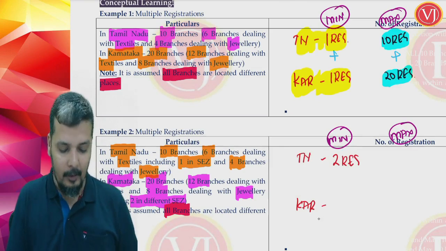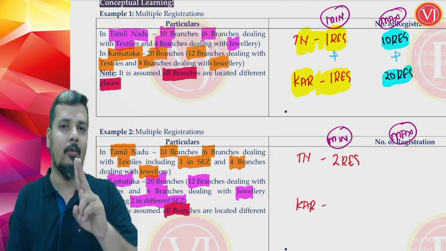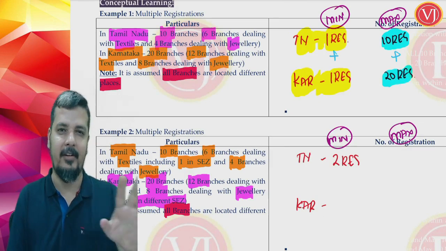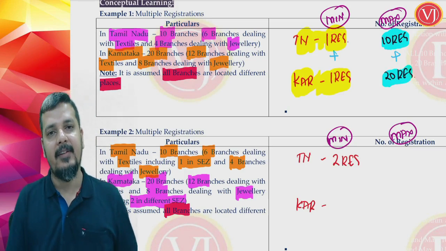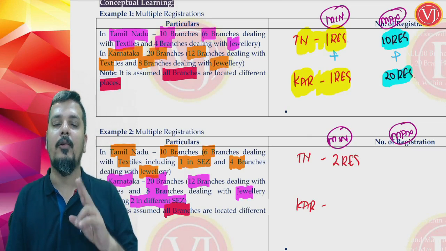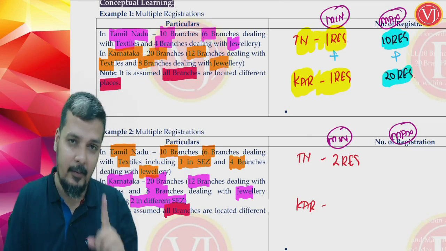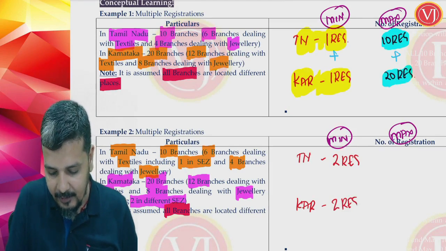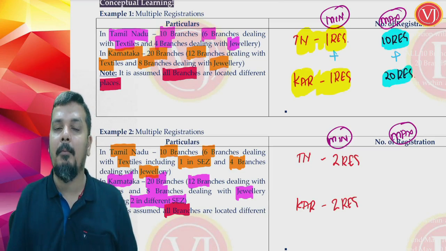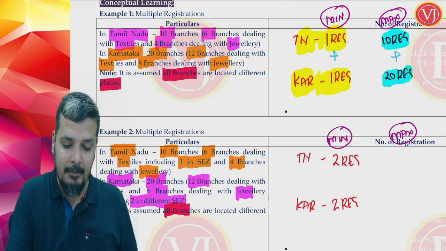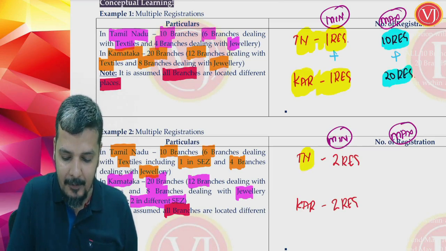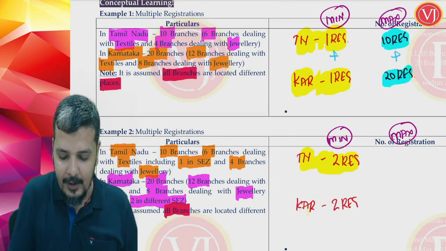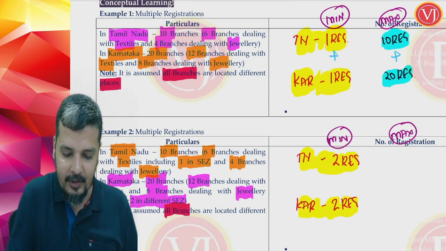In Karnataka, there are totally 20 branches, out of which 2 are in special economic zones. Forget about textile and jewelry. For the 2 units in the 2 special economic zones, I'll take 1 registration, and for the balance 18 branches, I'll take 1 registration. So 2. I don't have an option. I have to take the minimum. In Tamil Nadu, minimum I have to take 2 registrations. In Karnataka, minimum I have to take 2 registrations. Why?